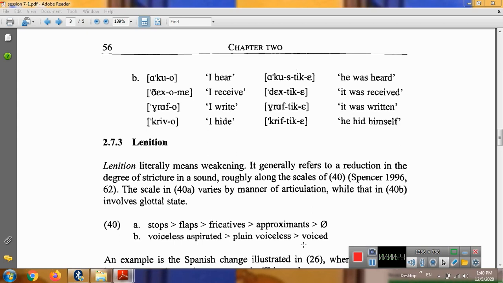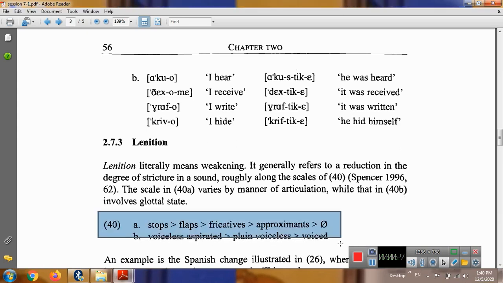For example, here you can see the scales for lenition. In terms of lenition, the stops are not lenis; they are tense. And when the stop sounds turn to flaps, they become weak, and we have lenition here.